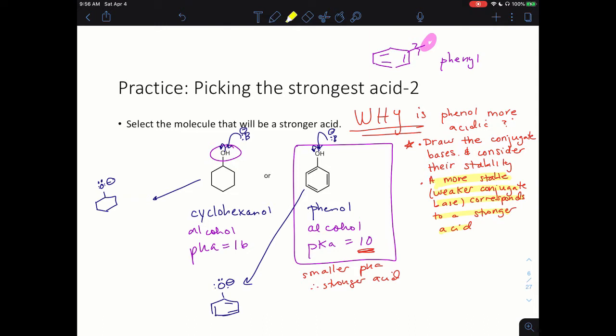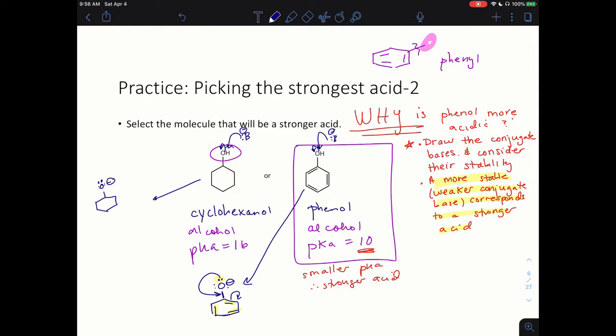Well, hopefully you see that the big difference between the molecules is that the lone pair for the oxygen in phenoxide is adjacent to pi bonds. And so that makes you think, hey, we can draw resonance structures. So this lone pair can actually be shared between carbon and oxygen here. And that would displace this lone pair onto that carbon, adjacent carbon.